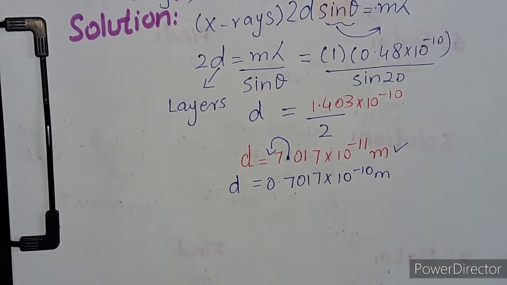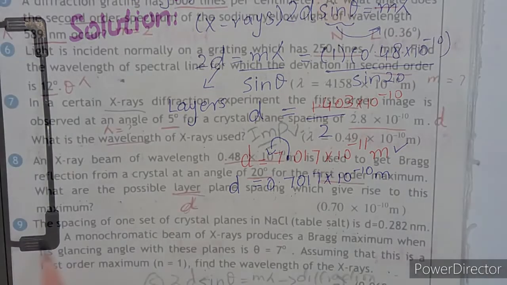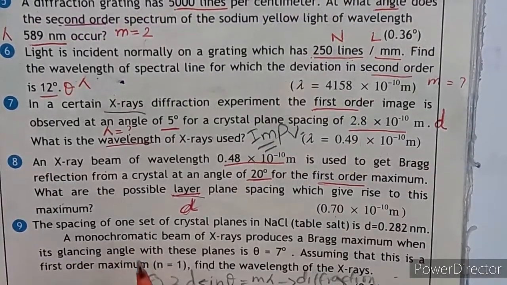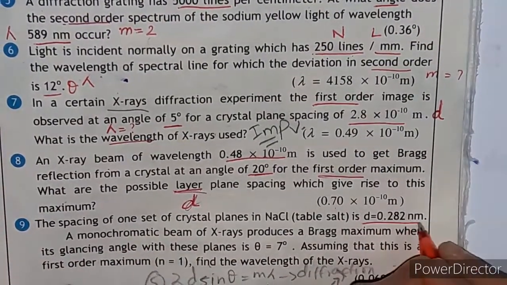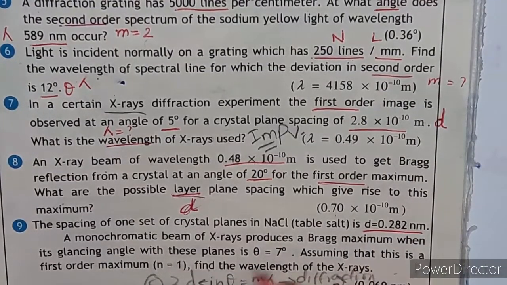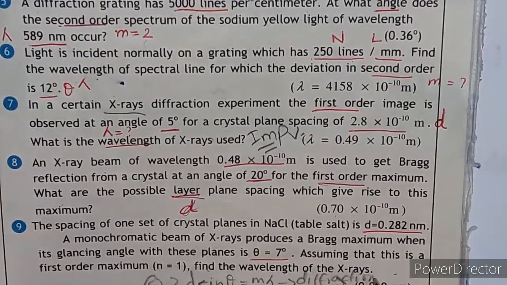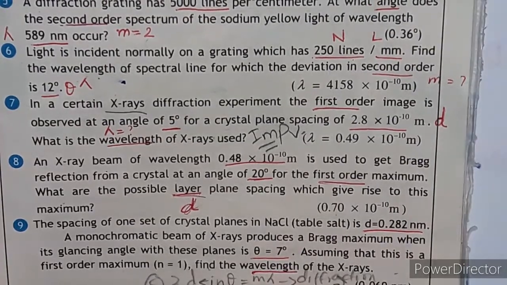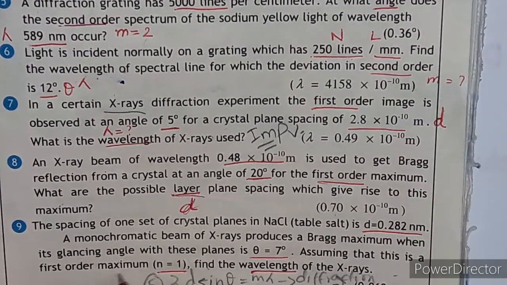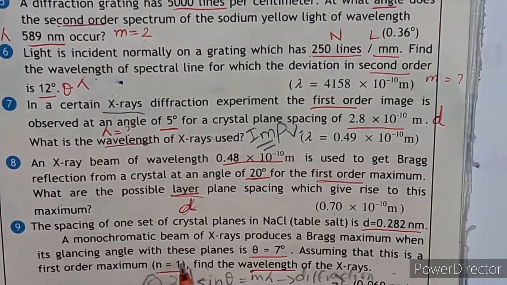Now moving towards the last numerical of this chapter, chapter number 9, physical optics. In the last numerical, we are given the value of d and the value of theta, and we have to find the value of lambda, and n is first order, n is 1.